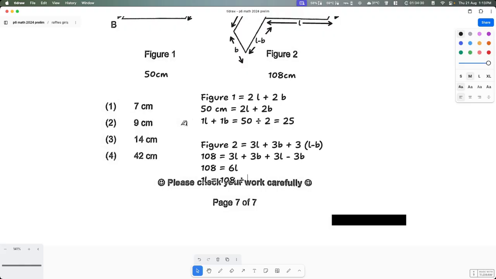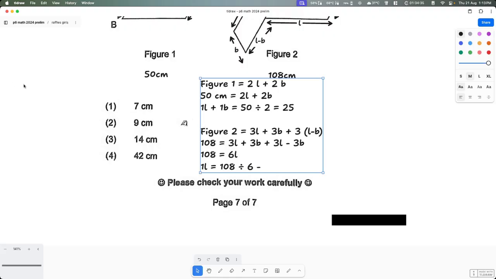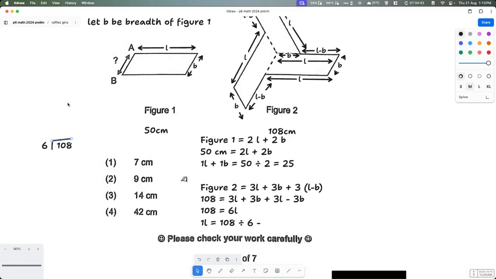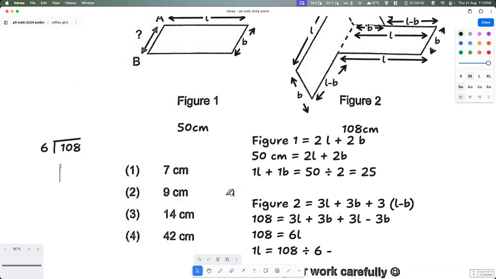Let's see if this is divisible by 6. 108 divided by 6. It is divisible. Let me zoom in a bit. 10 minus 6 is 4, bring down the 8, 48 minus 48 is 0.